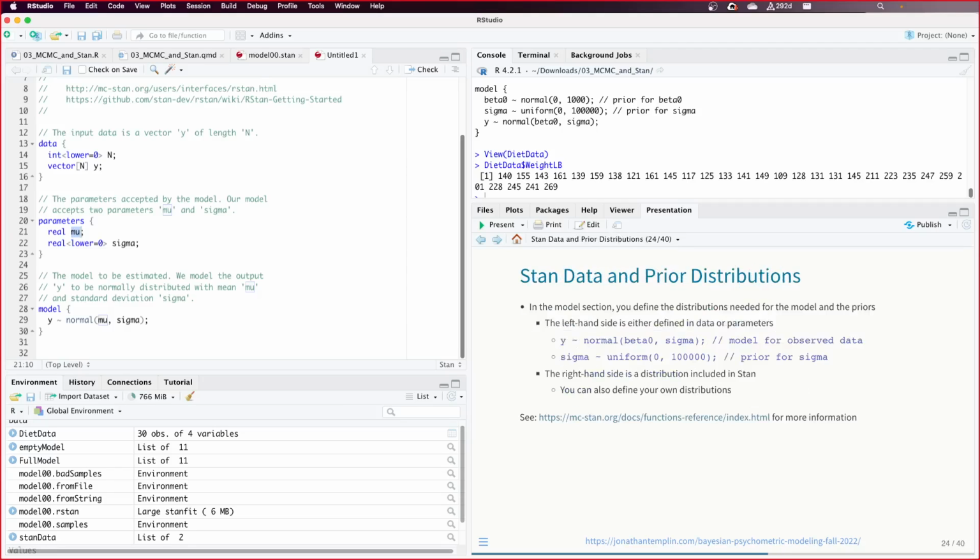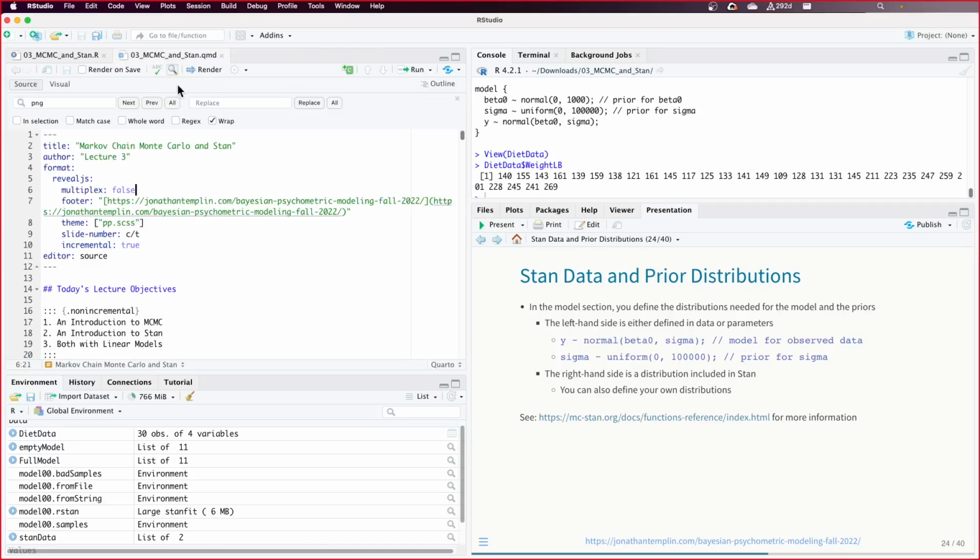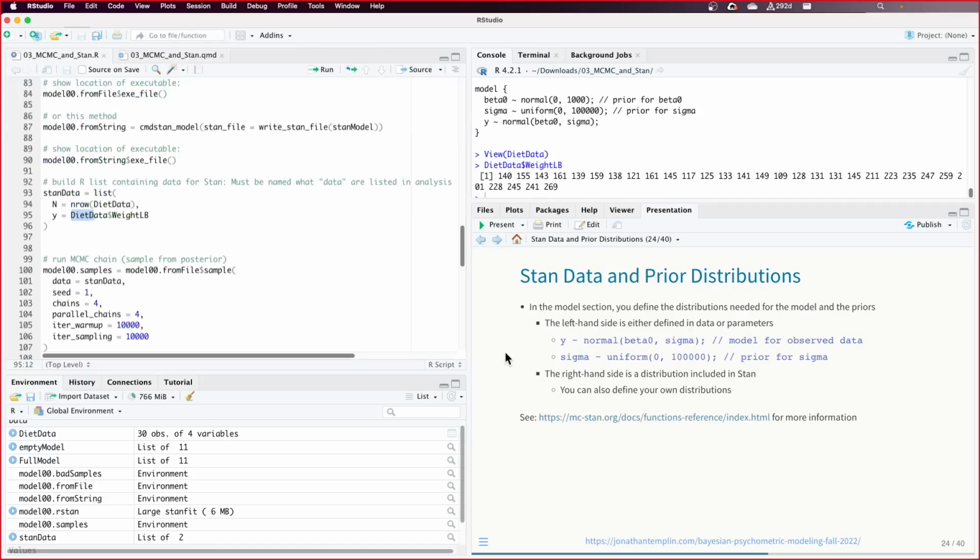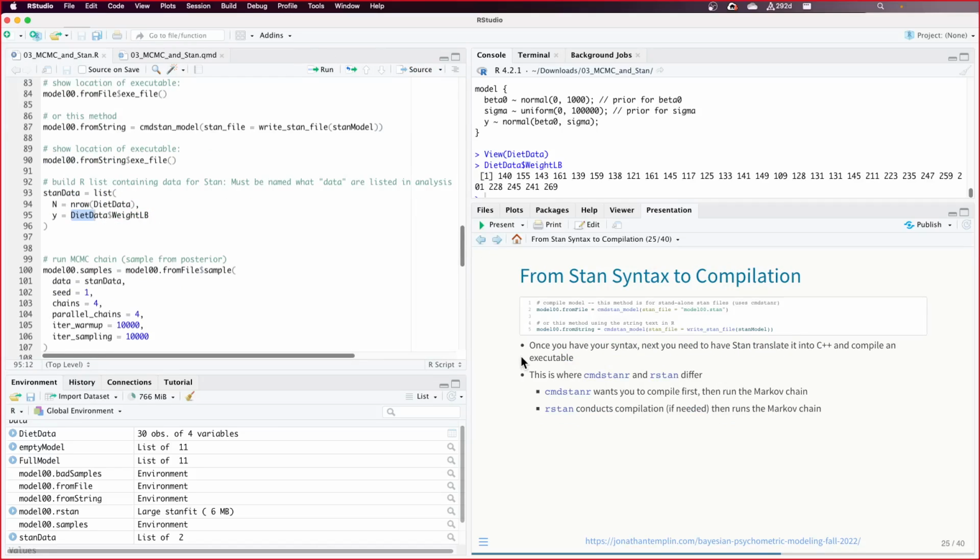Okay, so we have our syntax. Hooray! I'm going to go back to my R code now. The big thing about this is now we need to tell Stan, take this syntax file and turn it into an executable program. Now, do you want a quick definition of executable program? R is an executable program. If you're using Windows, any program with an extension .exe, which means when you go to run it, it starts to use processing.